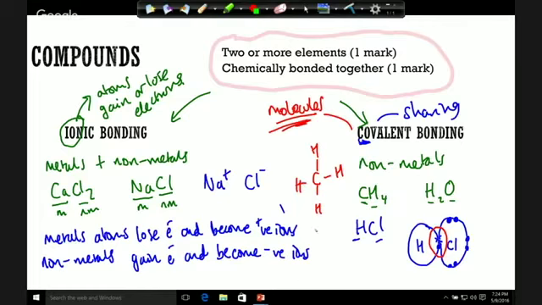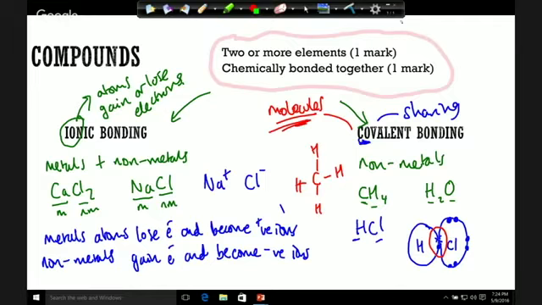So I've just been asked to repeat what this says just under here because of my scruffy writing. It says metal atoms lose electrons and become positive ions, and non-metals gain electrons and become negative ions, and that's how they bond in ionic bonding.